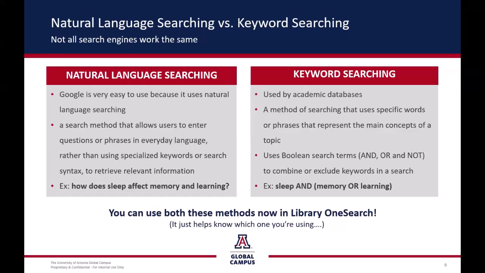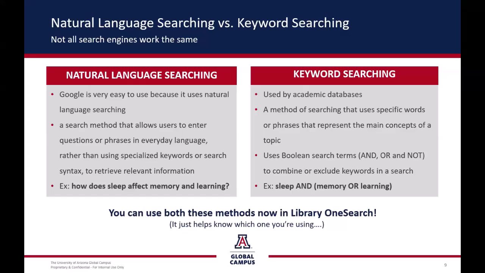Now, in the past, the library database, Library OneSearch, required keyword searching, which is where you search just with specific words. It was very particular. But thanks to the help of AI, it's become much more advanced. And now you can actually use either natural language searching or keyword searching.